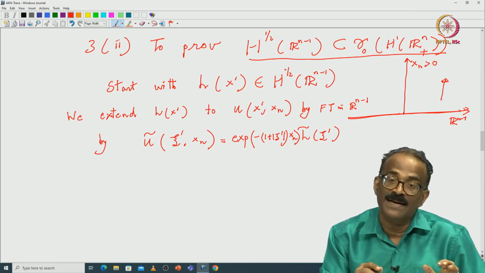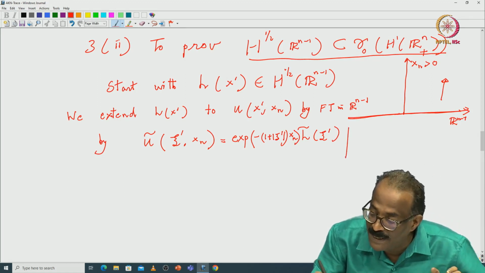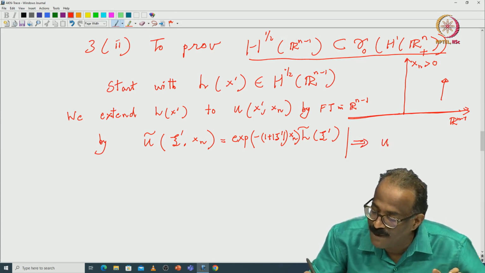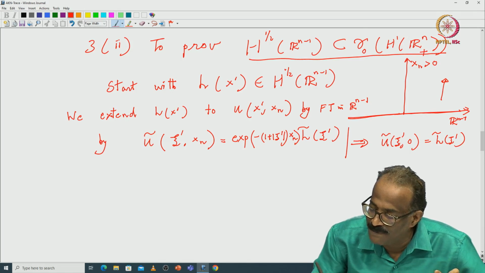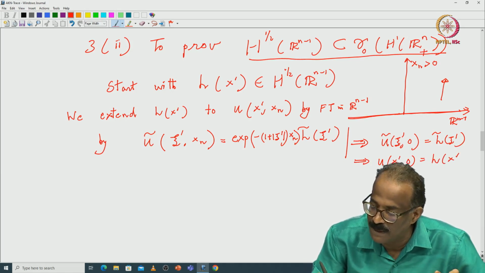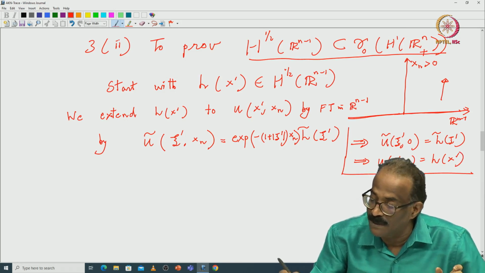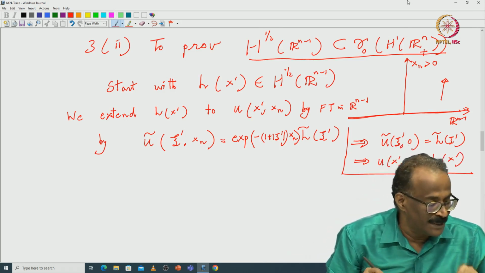So you get u tilde of psi', 0 equal to h tilde of psi'. That implies by uniqueness that u of x', 0 is equal to h of x'. So that part is cleverly done, and you do not have to worry about this one.